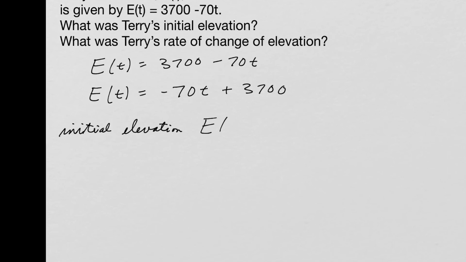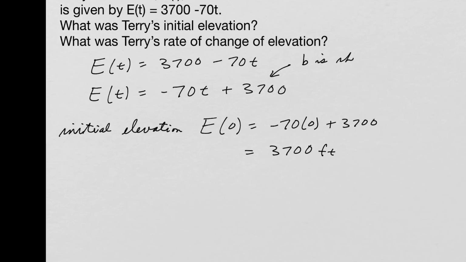You say, what is the elevation when t is 0? Well, that's going to be negative 70 times 0 plus 3,700, but that's just equal to 3,700 feet in this case. Okay, the quick way of getting that would be to recognize that this value, this b, is the starting value.